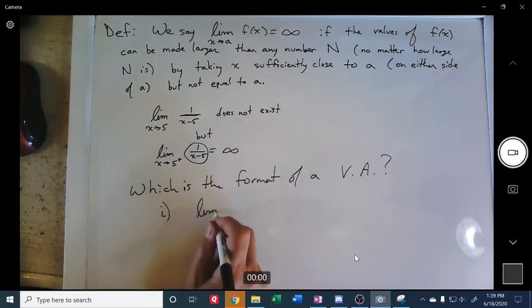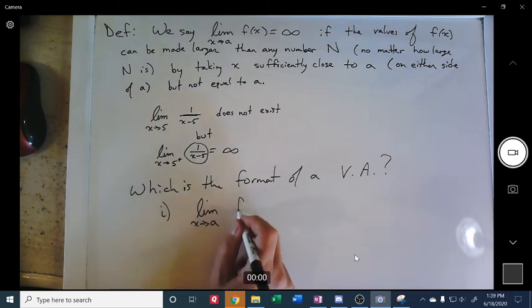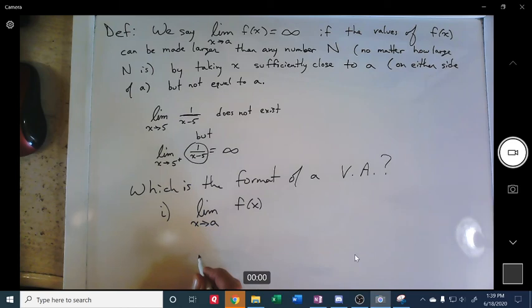Number one, limit as x approaches a of f of x, or number two, limit as x approaches infinity of f of x.